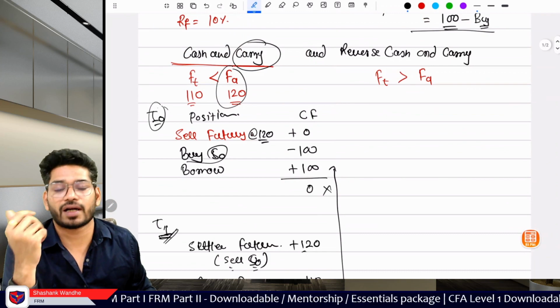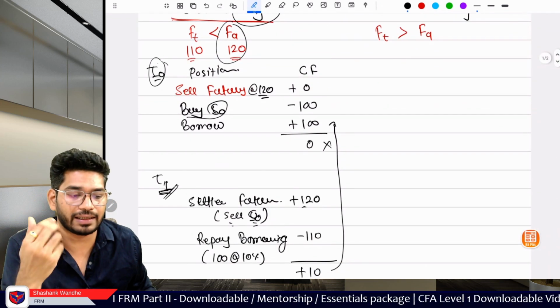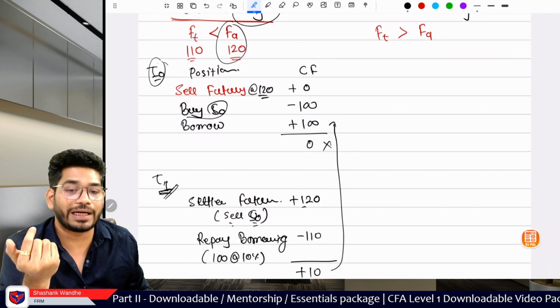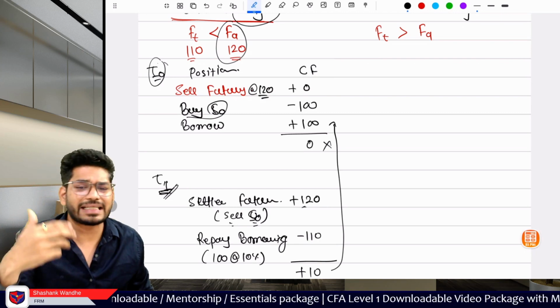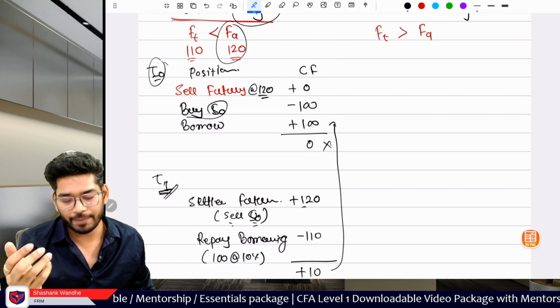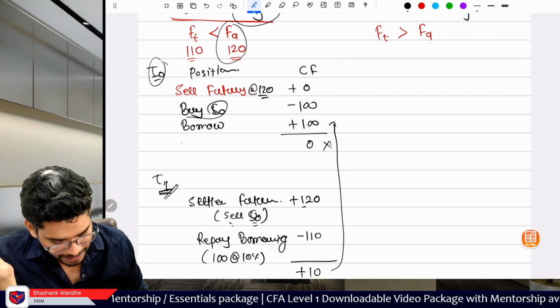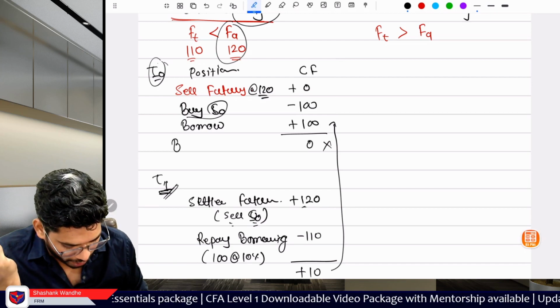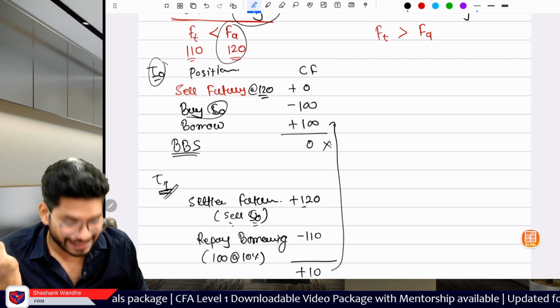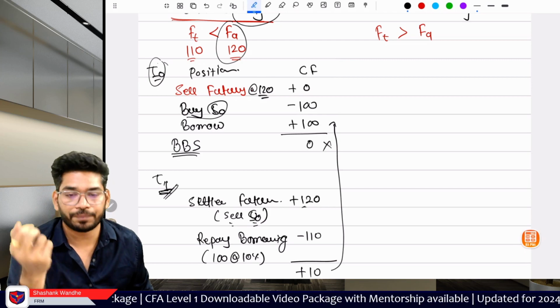Now in cash and carry arbitrage, as I said, the problem is remembering these steps, what positions we need to take: sell futures, buy and then borrow. Or we can say sell futures, borrow and then buy, a logical sequence. For this, I generally provide a shortcut. Just remember the BBS: buy, borrow, sell.